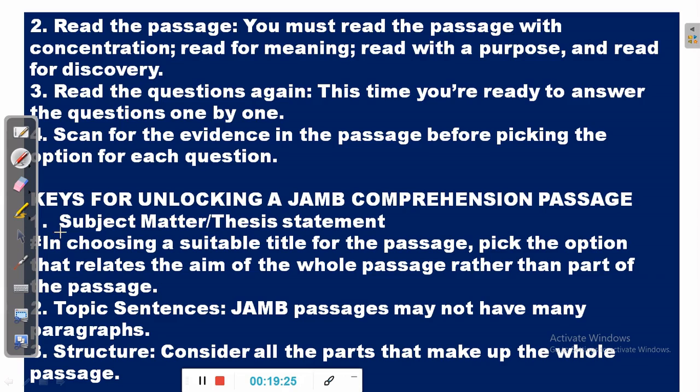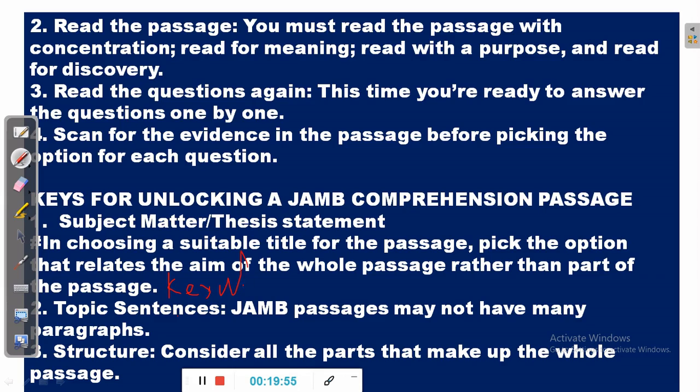So sometimes, looking for the topic sentence may not really be the best key to use in such a situation. But let me give you what replaces the topic sentence when we are dealing with the Jamb comprehension. Now, this is why.